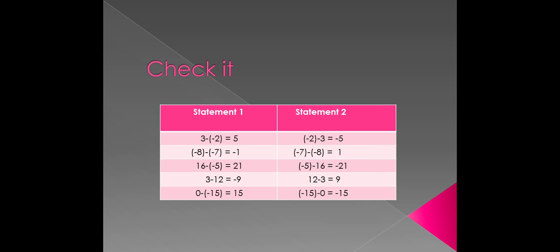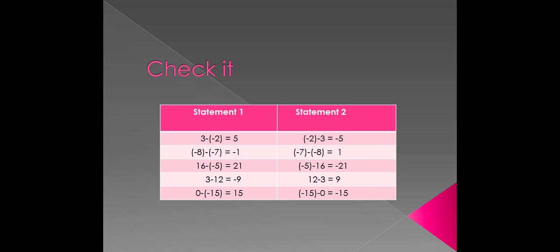Again in the second one, minus 8 minus minus 7, and in the second statement minus 7 minus minus 8. Again we changed the order but we didn't get the same result. Similarly for all the cases, 16 minus minus 5 and minus 5 minus 16.